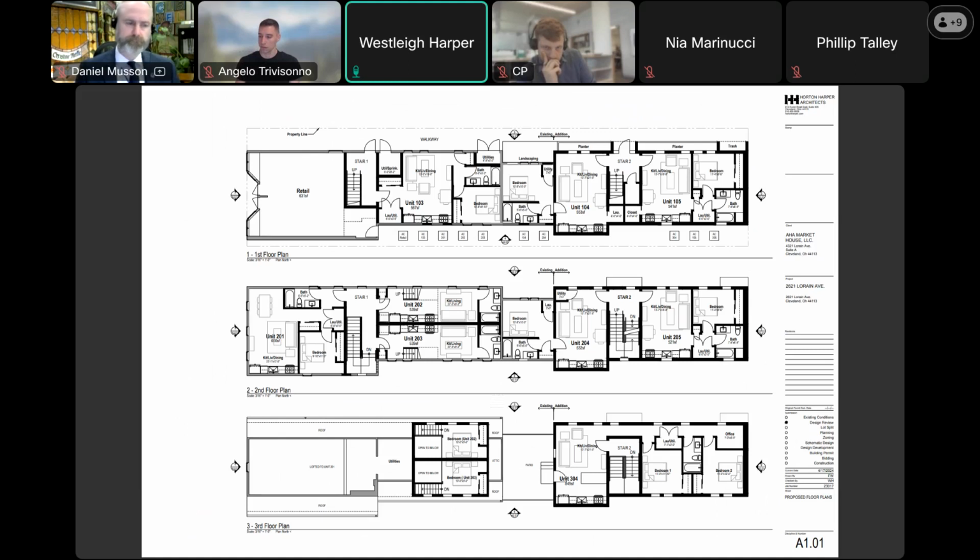In the existing structure, a little bit to the south of the retail, you can see we have a central stair that heads up and serves 3 residential units on the second floor. And then on that first floor allows entry into a first floor apartment. As you head to the south in the floor plan, you can see the footprint in the more dark hatch of walls. That is new construction.